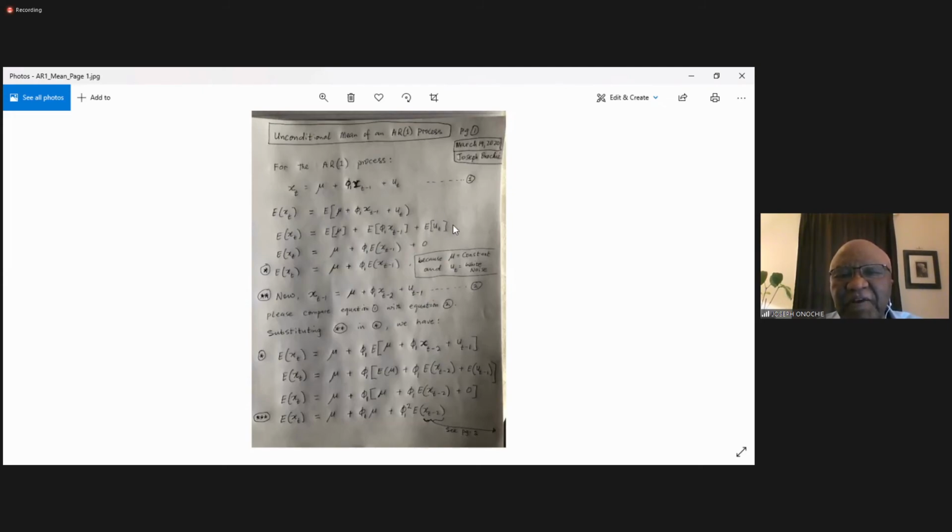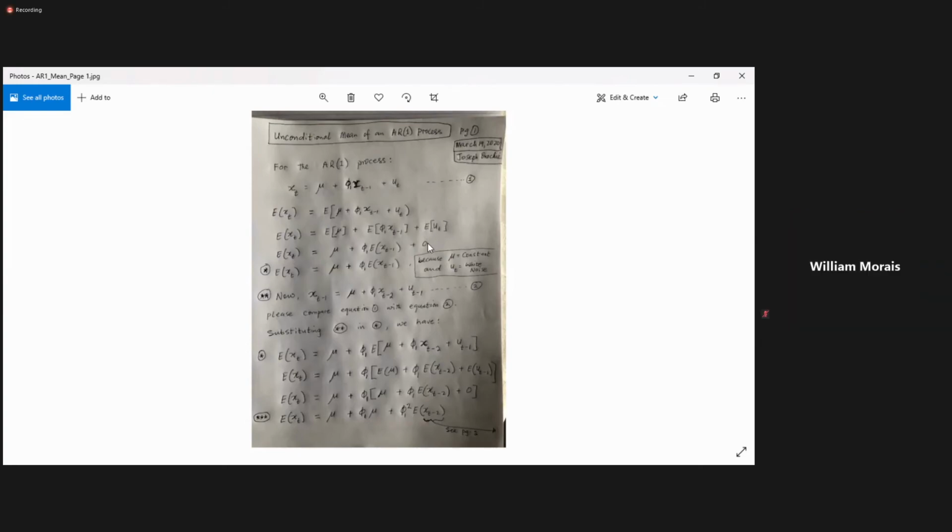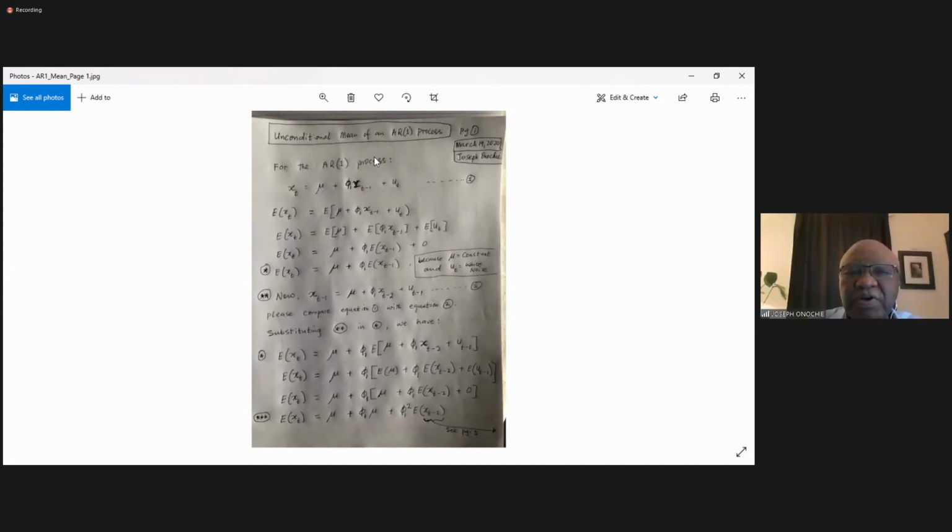And the expected value of the white noise error term is what? It's 0. It's given. This is a zero mean white noise. We saw that in the textbook.